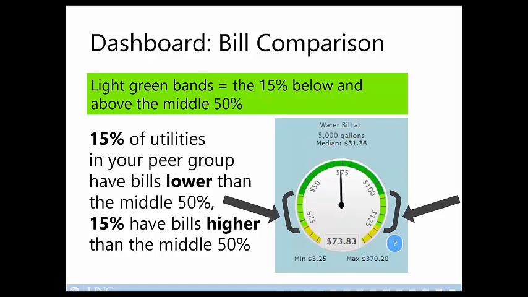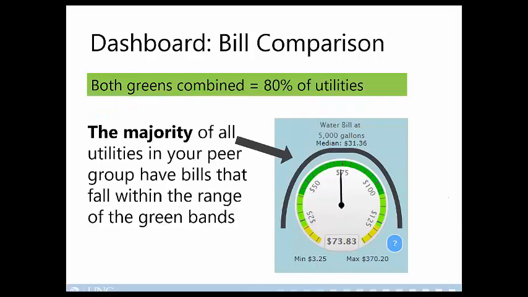They're not quite in with the rest of the pack, but they are either slightly lower or higher. If you combine all those green bands, the 15% and the 50%, you get 80% of all the utilities in your peer group. So this is really the majority of everyone that you're comparing your bills to.